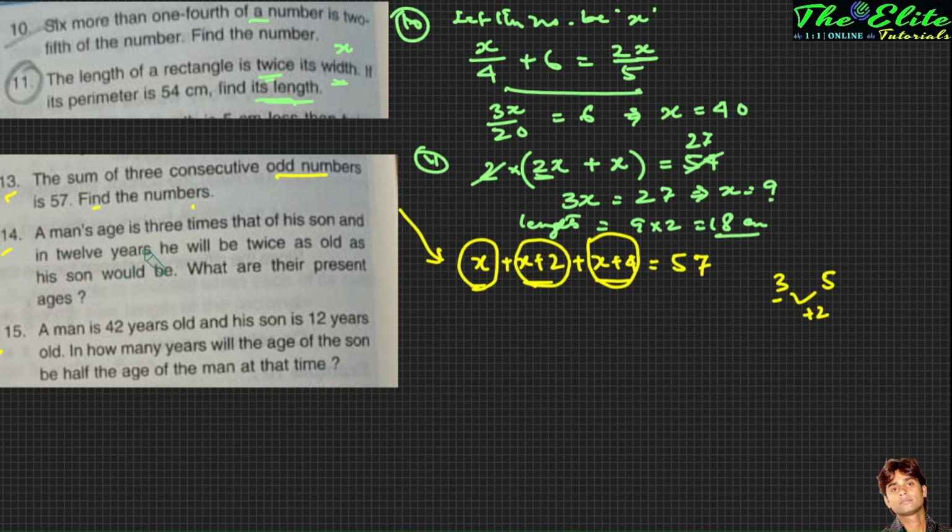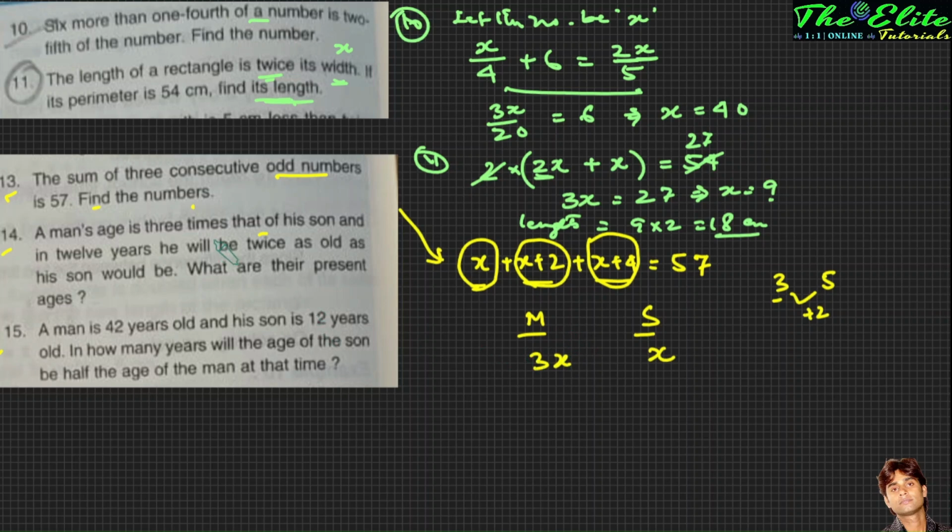Question 14. A man's age is 3 times that of his son's age, and the sum is 12 years. See, this is the man's age and the son's age. I just write it like this to understand the situation. So suppose the son's age is x years, so the man's age will be how much? 3 times.